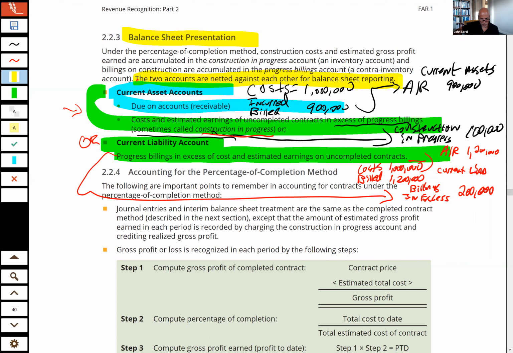I don't know that that's a set of statements following generally accepted accounting principles as articulated by FASB or not. My sense is that they would net them against each other, and the book is affirming that. So I would take another look at that, and we can have a sidebar on that at some point to understand why you're seeing both of those. This seems to indicate that they would be netted. If you had more than one contract, of course, you'd have one or the other if you only have one contract.